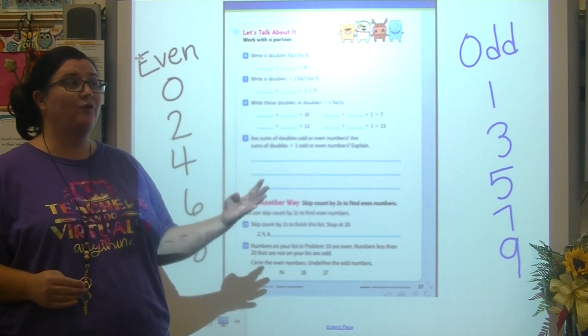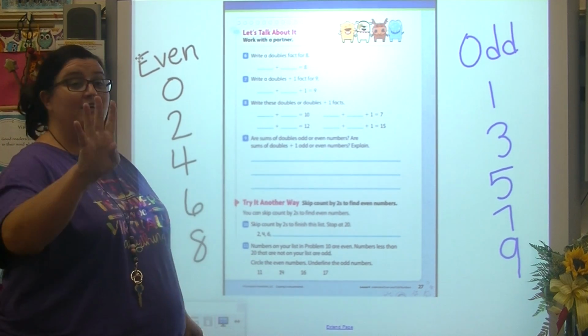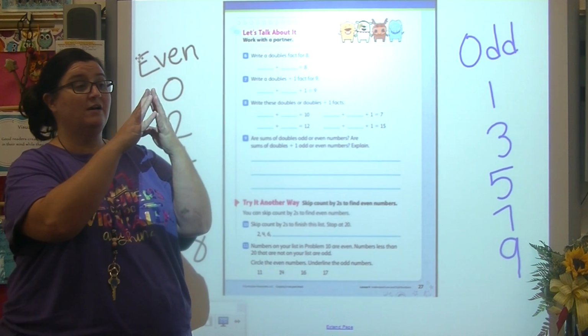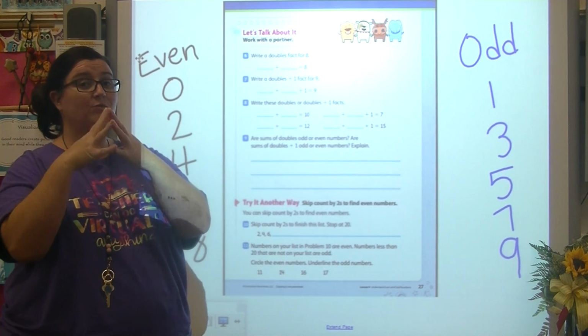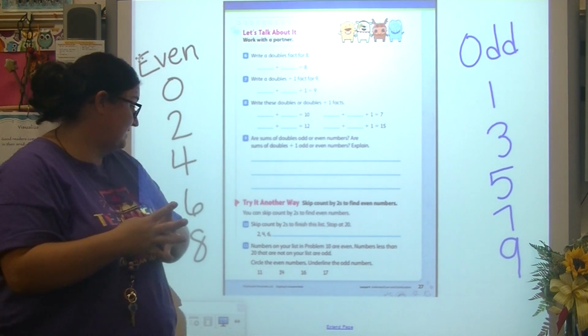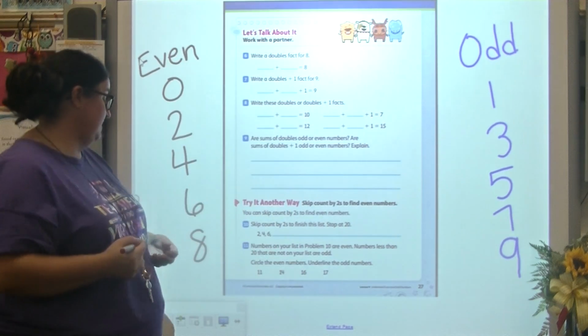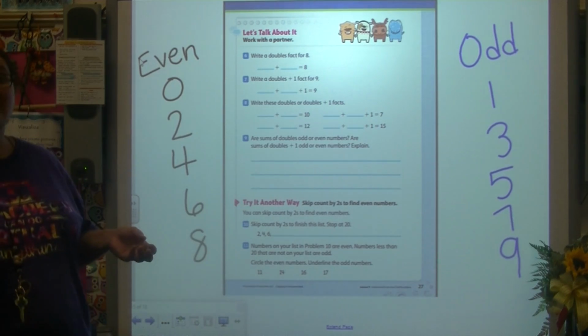Four plus 4 equals 8. That's great. So if you had 4 and 4 more, they each could have a partner, and 4 plus 4 equals 8. That would be an equation you could write to show an even number.